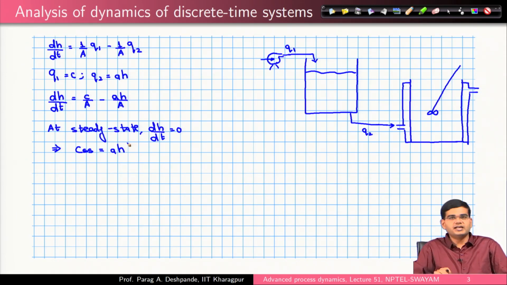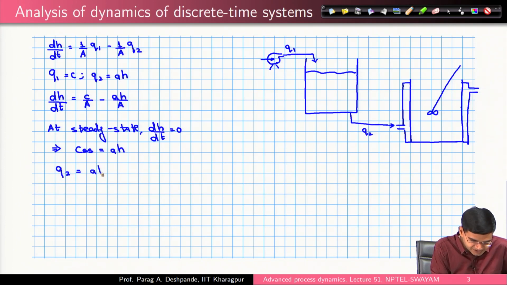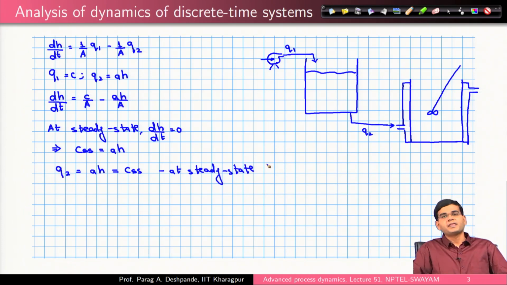From this particular analysis, you realize this, and before we comment upon that, we also know that Q2 is equal to A times H, which means Q2 at steady state would be equal to C steady state. So, at steady state my Q2 would be equal to the inlet feed rate which comes through the pump.